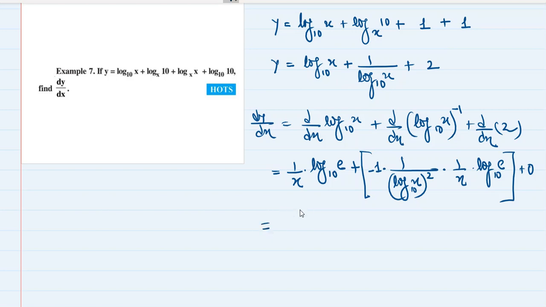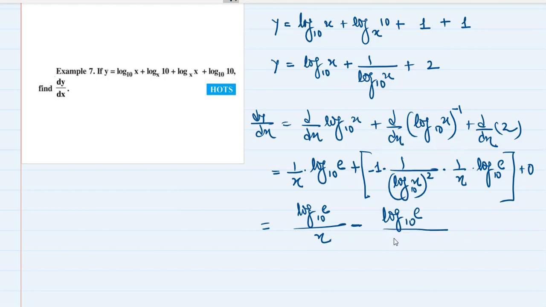So what do we have here? We have log of e to the base 10 the whole upon x. Okay, so here I'm just going to open the bracket and I feel that this plus sign, when I open the bracket, is definitely inside minus sign. So this plus sign does not exist over here. So I'm just going to put minus sign over here. And in the numerator, I'm going to get log of e to the base 10.